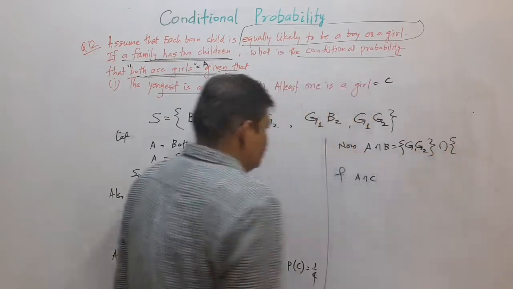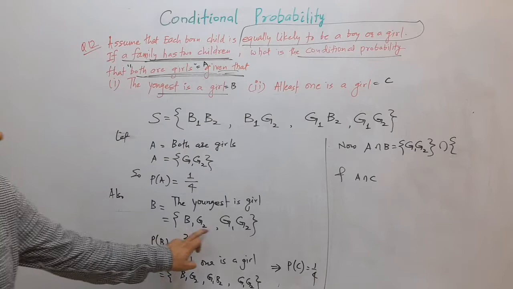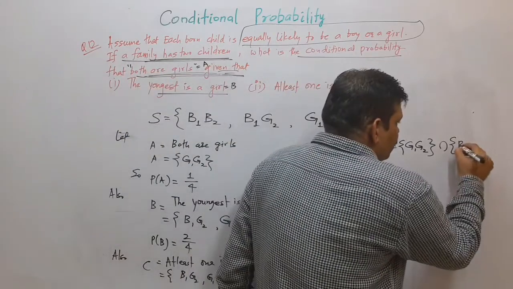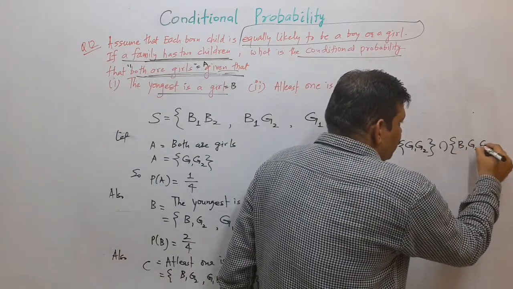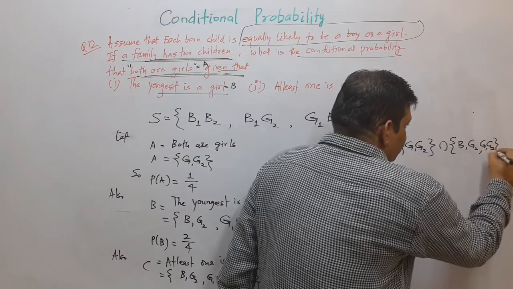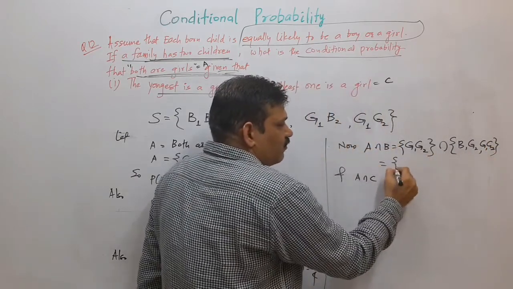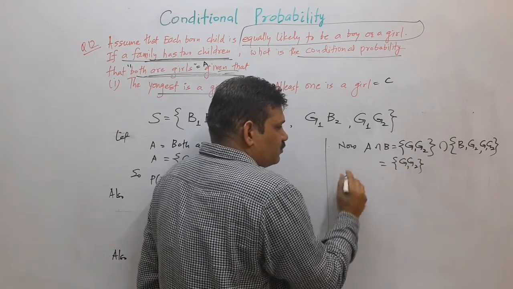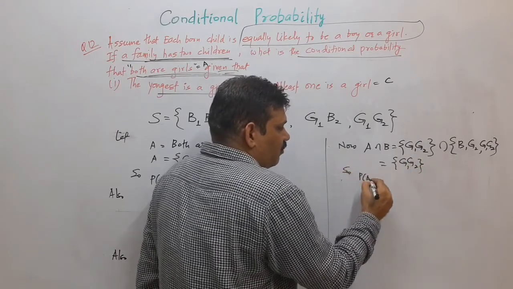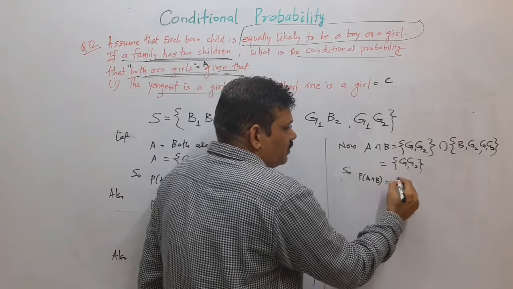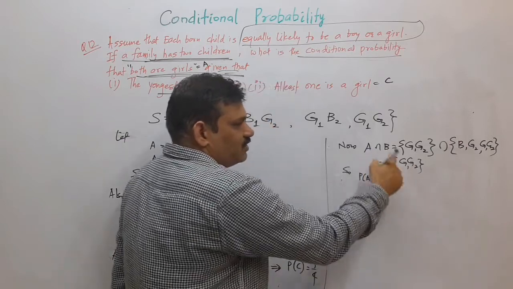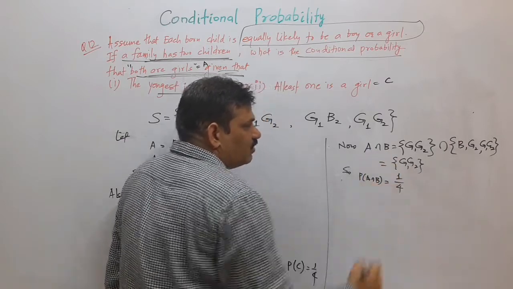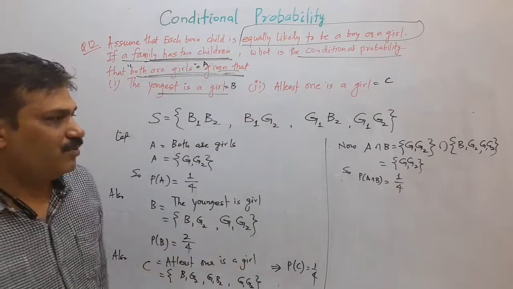Intersection B, here the event B is B1, G2, G1, G2. The only common element is G1, G2. So probability of A intersection B is one sample point in favor out of a total of 4 sample points.